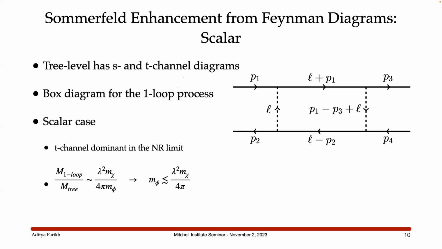As opposed to that, if you do the same argument for the scalar case, what ends up happening is in the non-relativistic limit, the T-channel diagram is the one that dominates because that scales just like 1 over q squared. In the non-relativistic limit, that thing dominates. And then when you take this ratio, you end up finding that the one loop answer will be larger as long as m phi is less than alpha m chi.